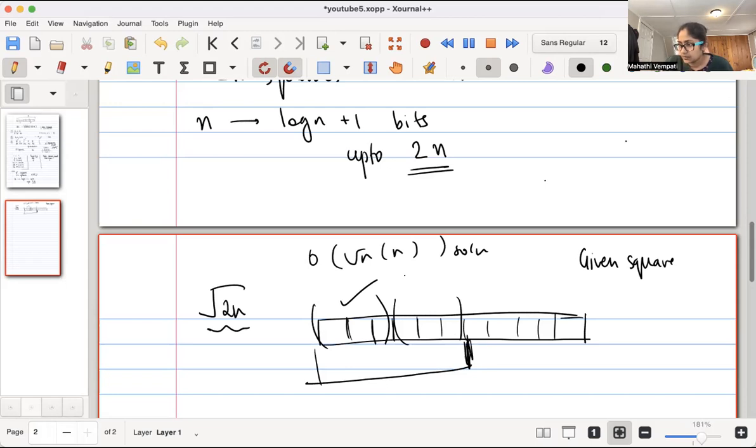Then if some arbitrary subarray here was also equal to that square, that would only occur if this guy XOR to 0, right? Because this or this had to give me this. Right.